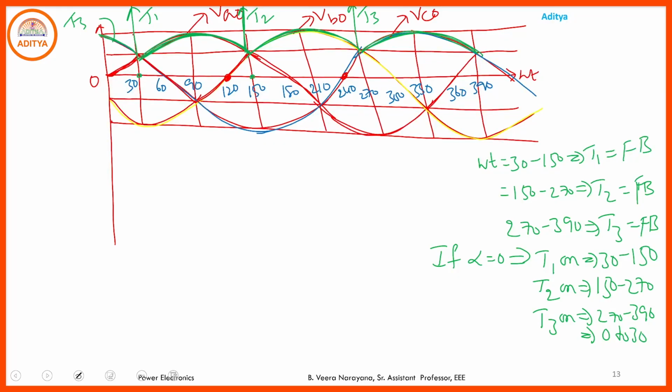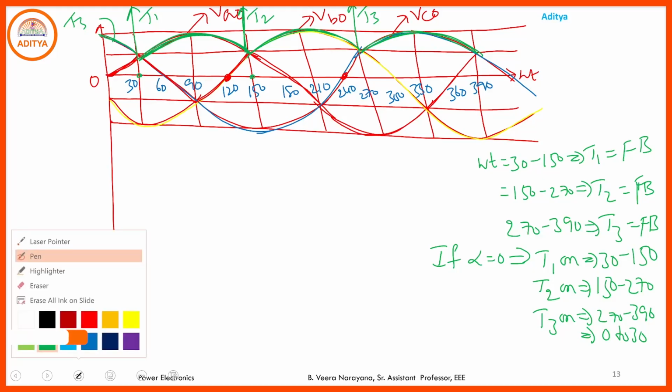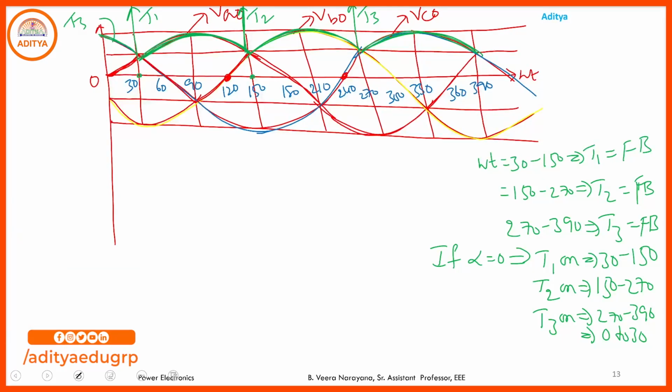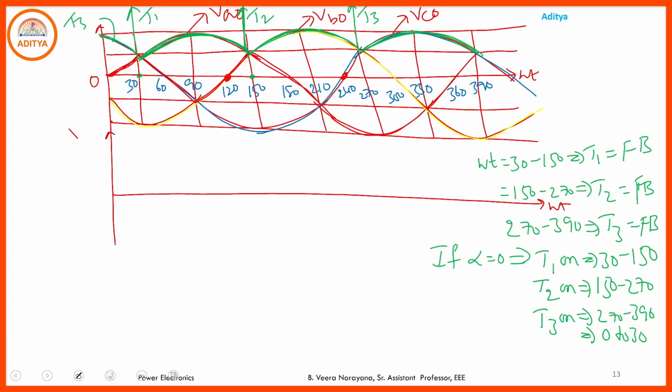So if I want to draw the output voltage waveform for alpha equal to 0, how will we write? Mark 30, 150, 270, 390.